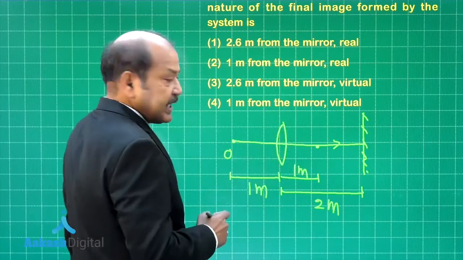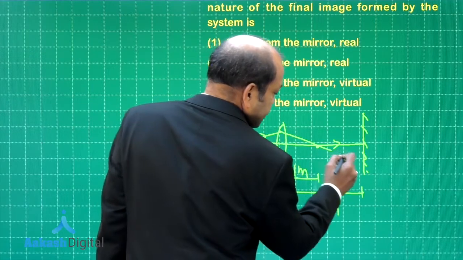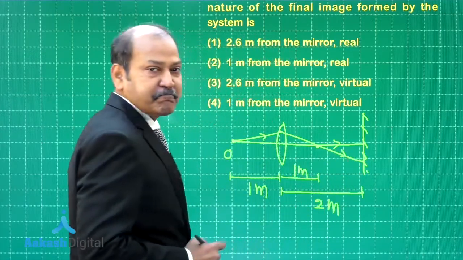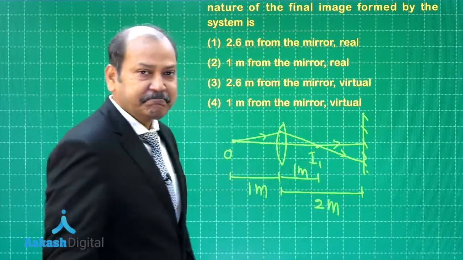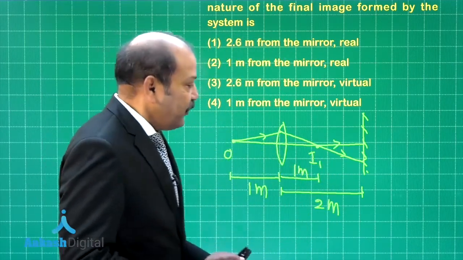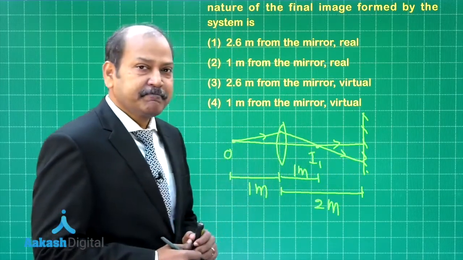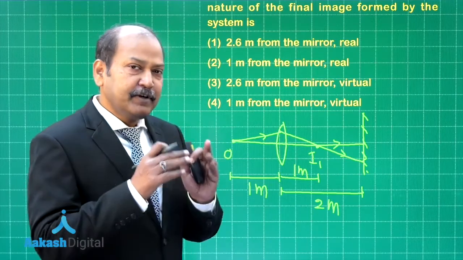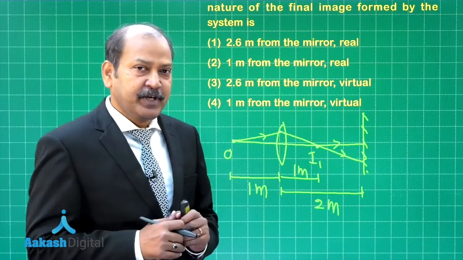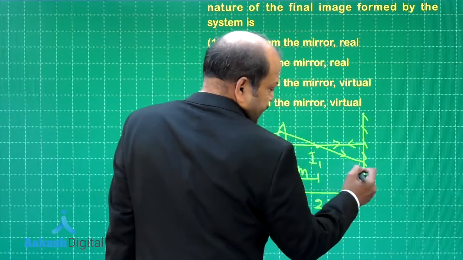One ray we have taken like this, and let us say that another ray we take it like this. So, this is the first image, let us call it I1. Now, the mirror will form a virtual image taking I1 as the object, it will form a virtual image. The rays will be reflected back by the mirror.